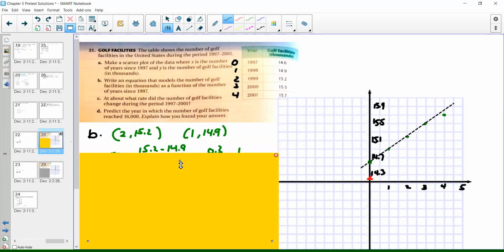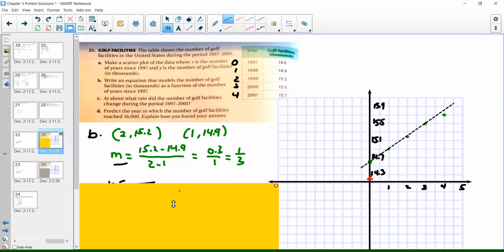What I did to get the slope, because I'm trying to write the equation of the line, and I'm going to put it in slope-intercept form, is I took two x and y values, or two coordinates, that appeared to be both on the same line. But anyways, it's a scatter plot, so trying to represent the data the best I could.